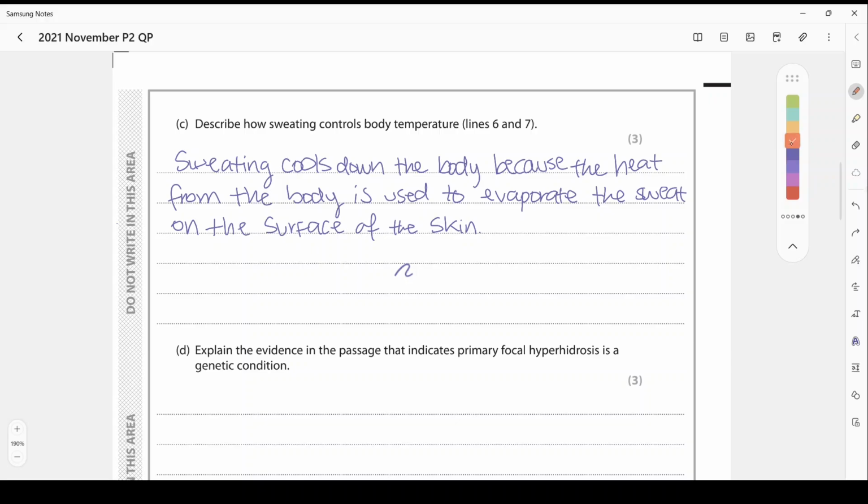All right, let's go over the marks. You get 1 mark for cools down the body, another mark for the heat is used, and the 3rd mark is to evaporate the sweat from the surface of our skin.